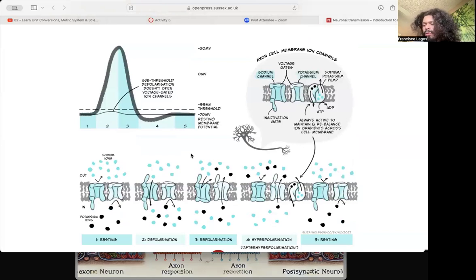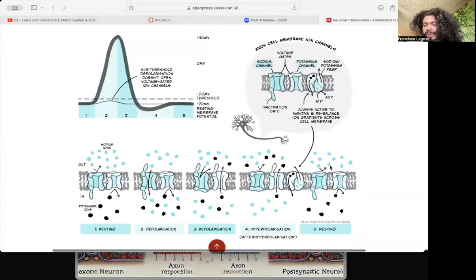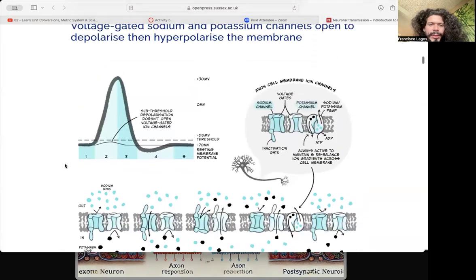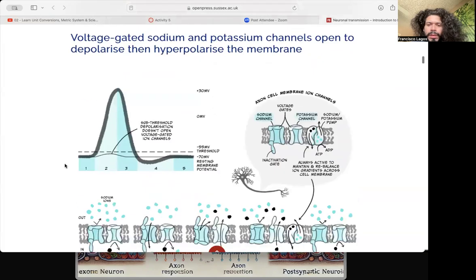Another thing that's important is the sodium potassium pump. The sodium potassium pump restores the original balance of the ions. Basically it maintains balance. Let's see if I can find another picture of the sodium potassium pump.